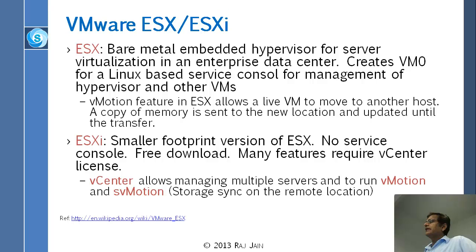One of the features they have is vMotion, which allows you to move VMs very fast while running. So you don't have to stop a machine and go to the other physical machine. You can have a web server running here, serving the web, and you move it to some other place. All right? So that is the kind of thing they have, vMotion.